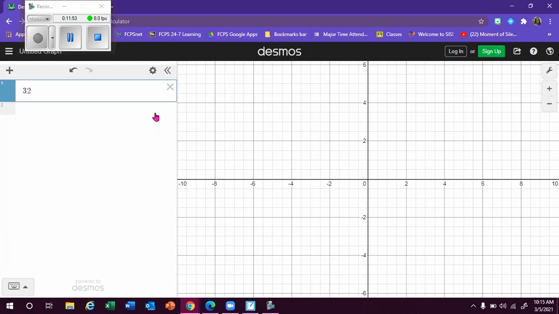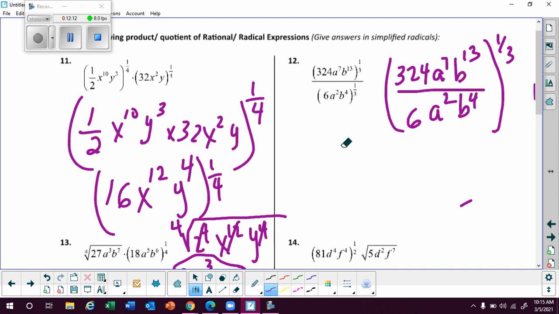It can be simplified by 2. 32 divided by 2 is 16, and 6 divided by 2 is 3. So we can simplify it, even if it's not completely factored out.